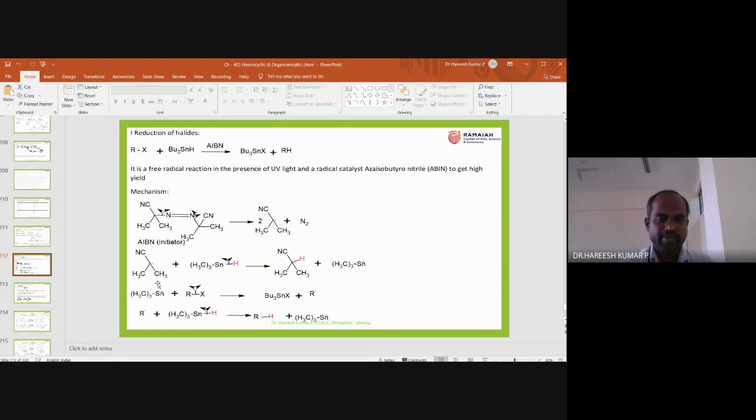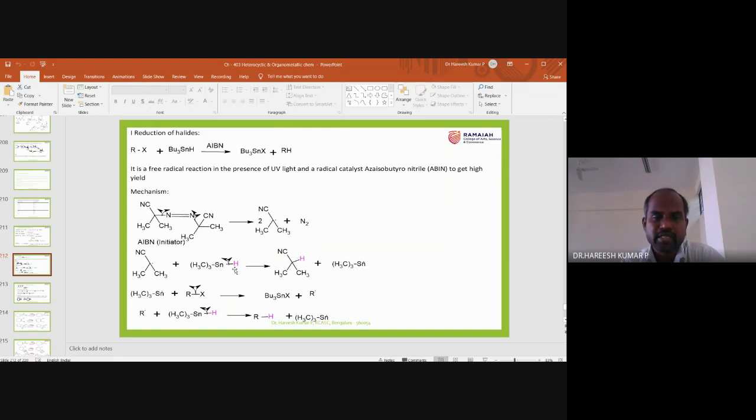The obtained free radical reacts with tributyl tin hydride. How will it react? There will be a homolytic cleavage between the tin and hydrogen. So now what will happen? Free radical is formed, and there will be a cleavage between the tin and the hydrogen.